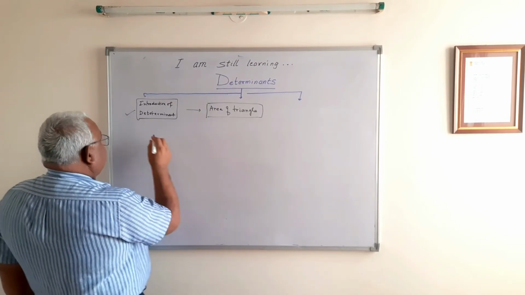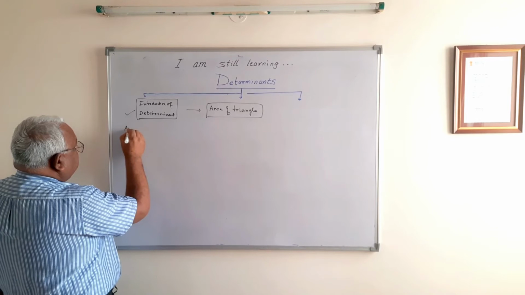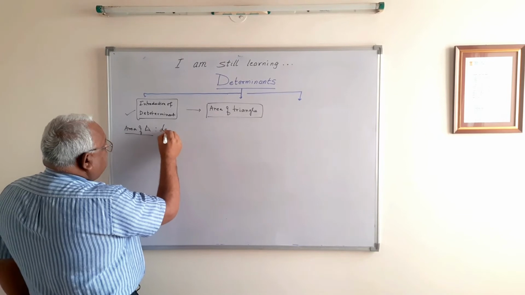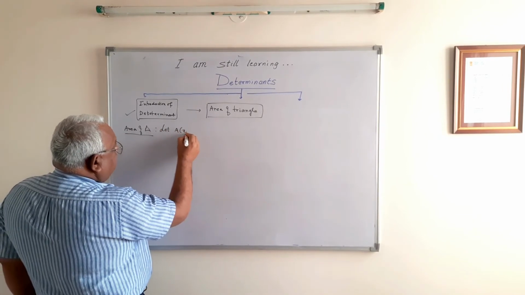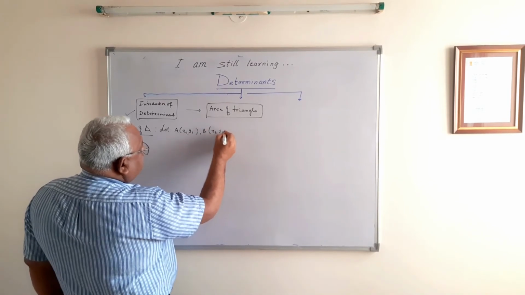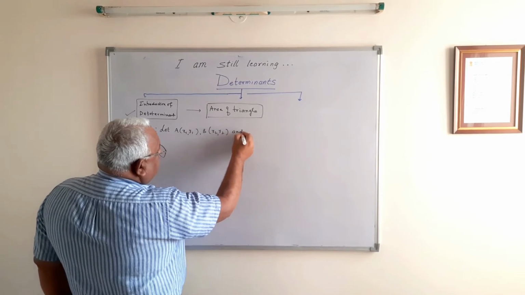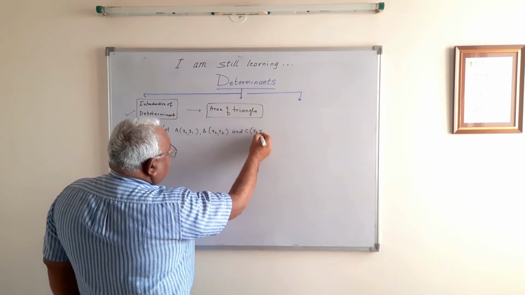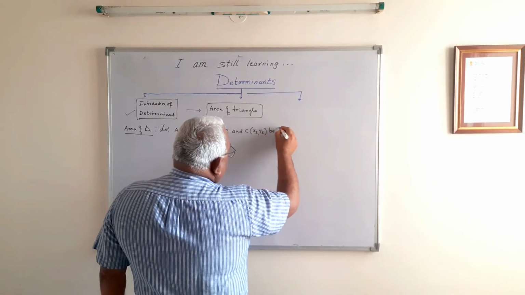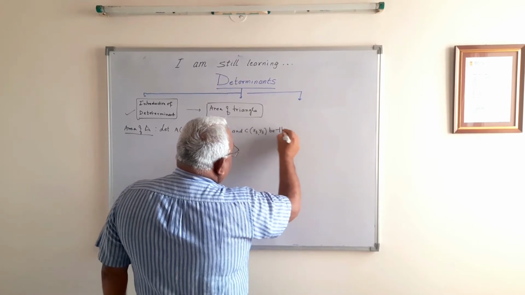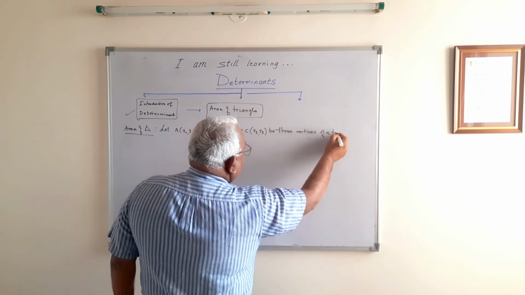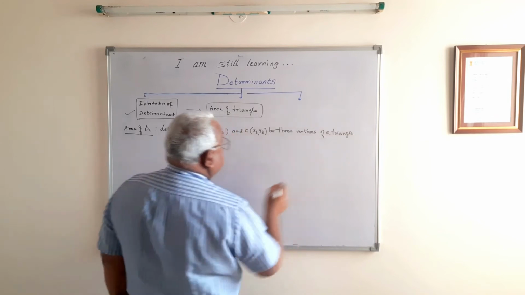So, what is area of triangle? Let A (x1, y1), B (x2, y2) and C (x3, y3) be three vertices of a triangle.